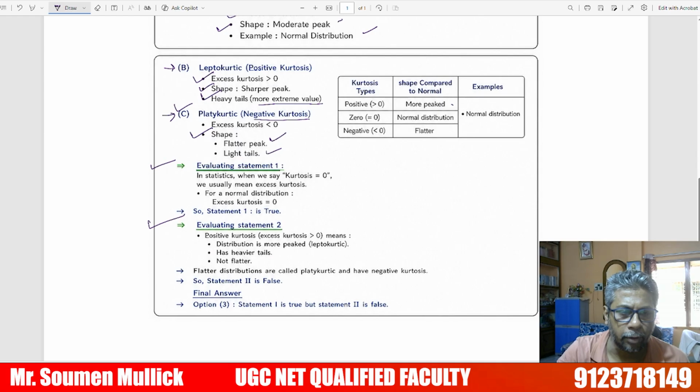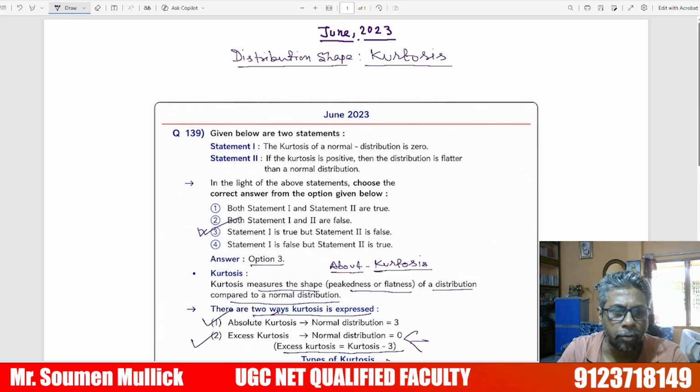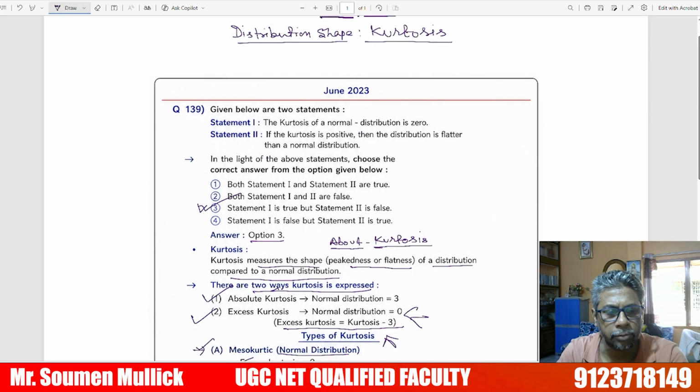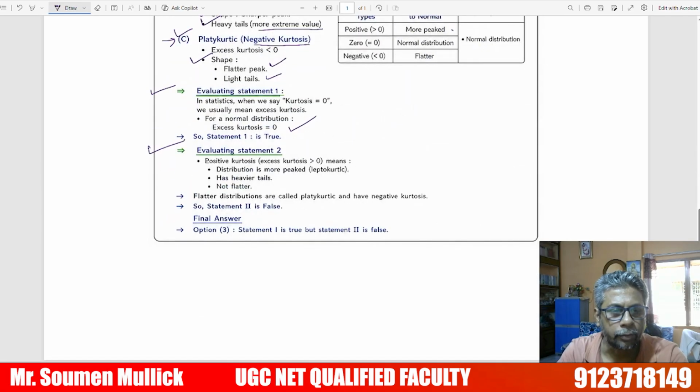Evaluating statement 1: in statistics, when we say kurtosis equals 0, we usually mean excess kurtosis. For a normal distribution, excess kurtosis is 0. So statement 1 is right. Evaluating statement 2: positive kurtosis means excess kurtosis greater than 0, meaning the distribution is more peaked.